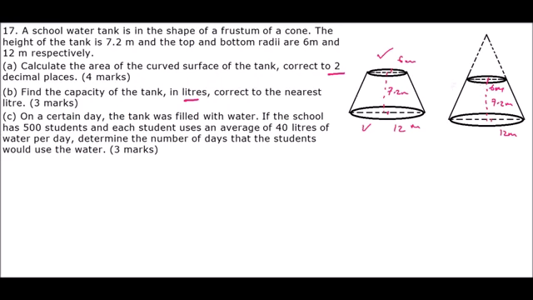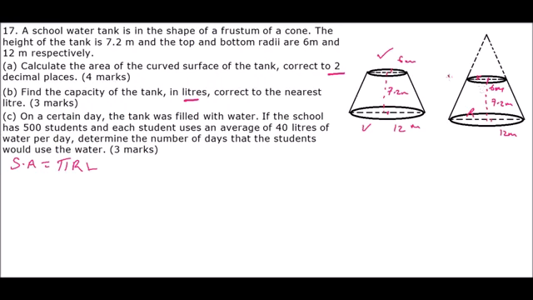The surface area of a cone is equal to pi r L. Let the radius of the big cone be capital R, and the small cone represented by small r.